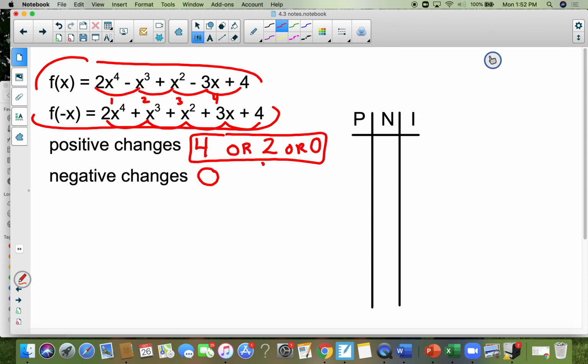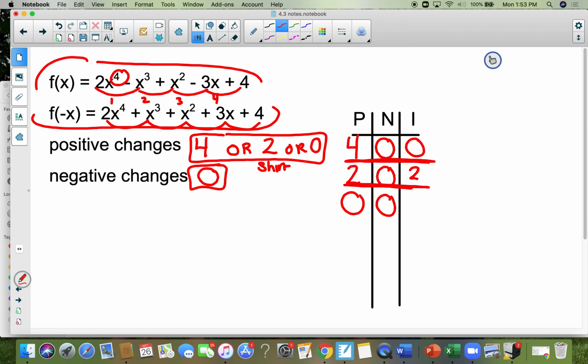Remember that these are your shirts. You have 3 shirts, and you have 1 pair of pants. So the shirt can go with the pants, the shirt can go with the pants, or the shirt can go with the pants. You know the highest degree is 4, so this has to be 0 because this has to add up to 4, this has to add up to 4, and this has to add up to 4.